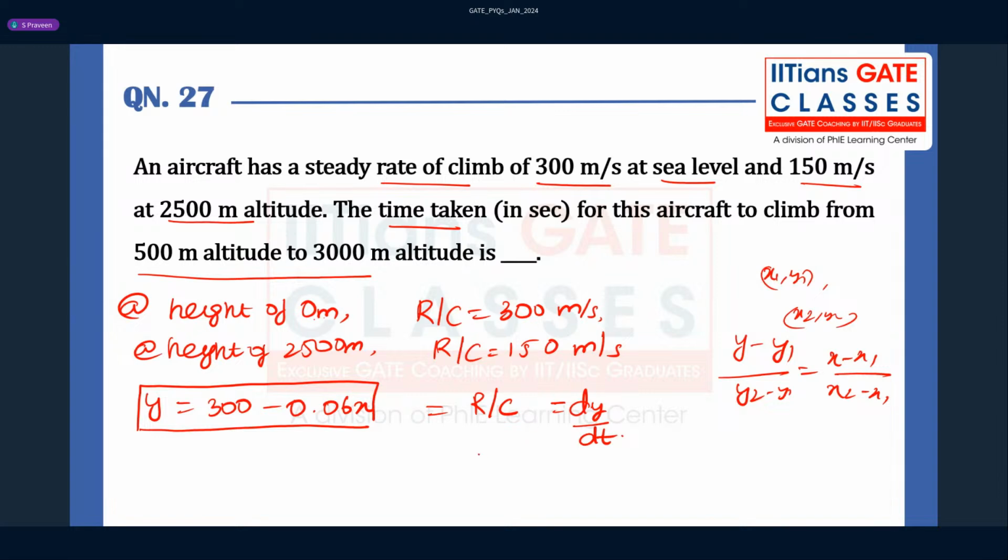Now, how will I get the time? So time is basically, let me use the same notation in here. Okay, I have to follow uniform notation. So let's say y dash, this is y. Now if I integrate this, let me go to the next slide.